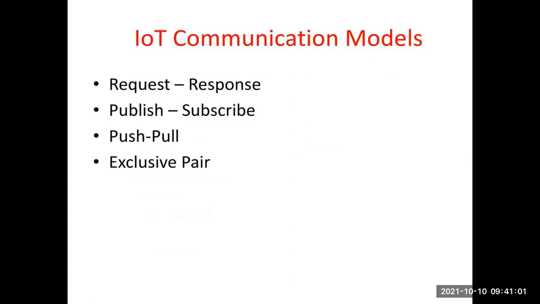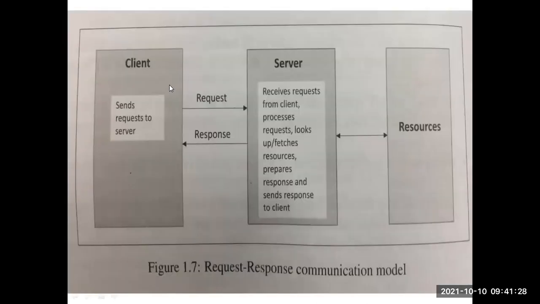In the IoT communication model, basically we have four communication models. First is request response. Second is publish and subscribe. Third is push-pull, and fourth is exclusive pair. These are the four different communication models. We'll go for the first one, the request response communication model.